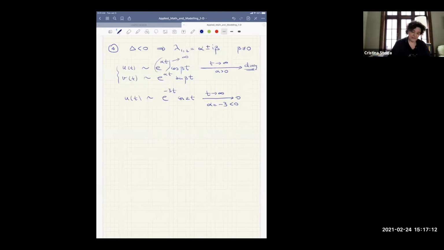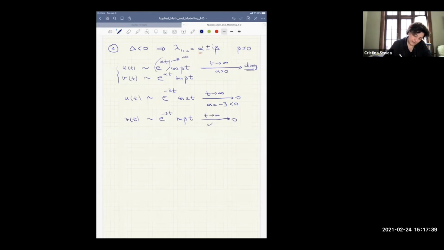So basically for u of t in this upper case, it diverges. Whereas if alpha is negative, then, let's say sine beta t, this will go to 0 again.